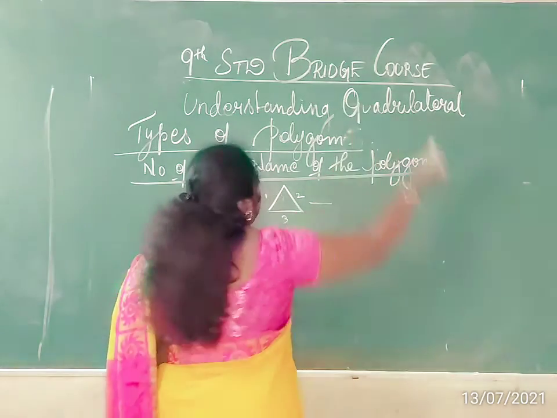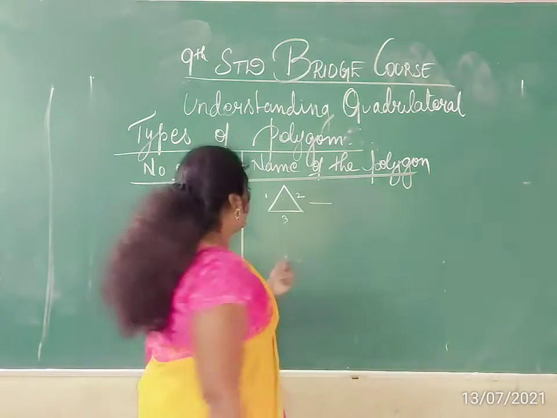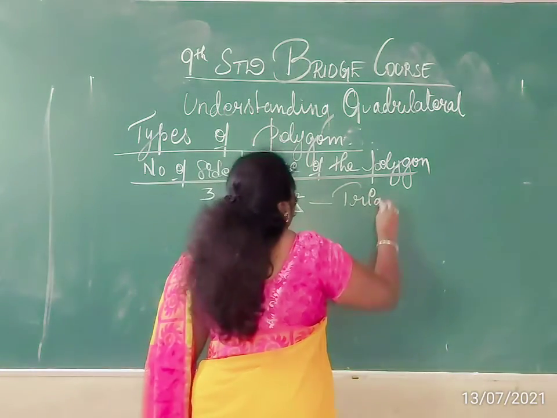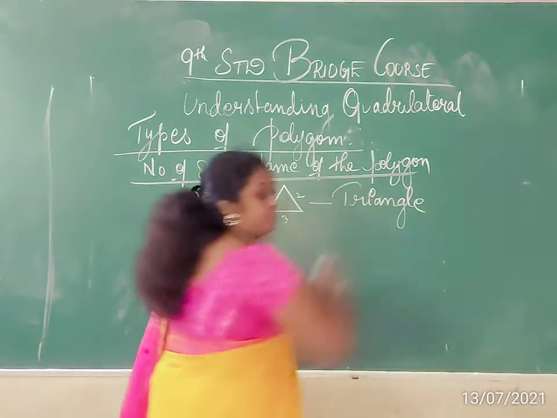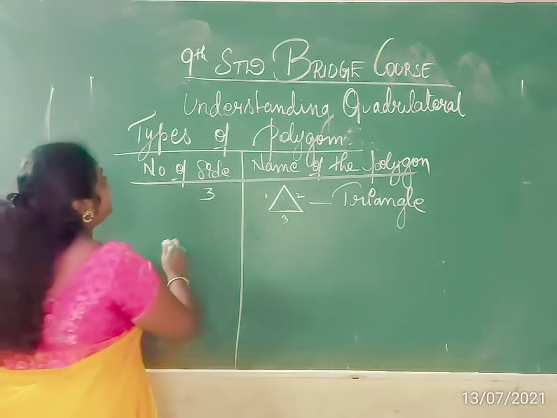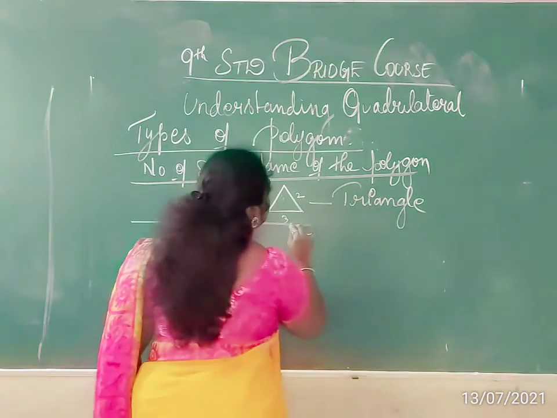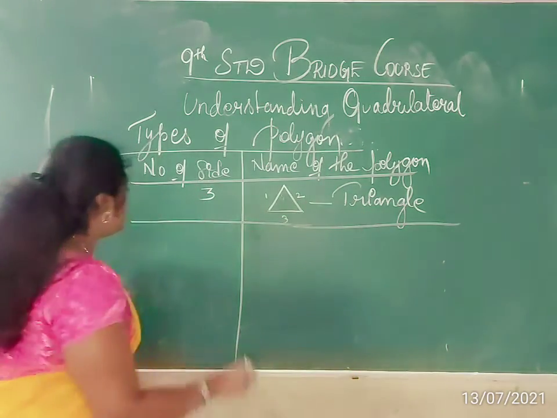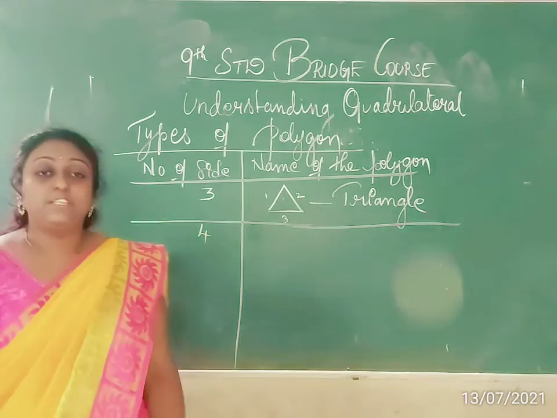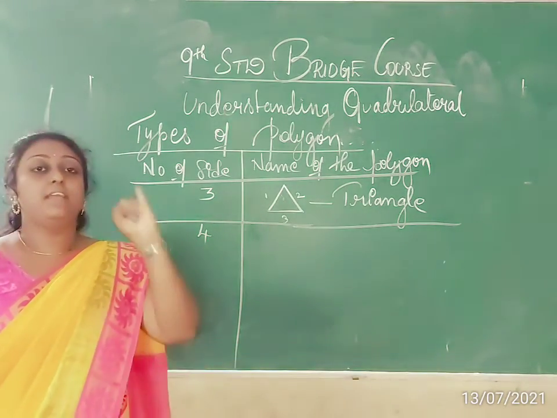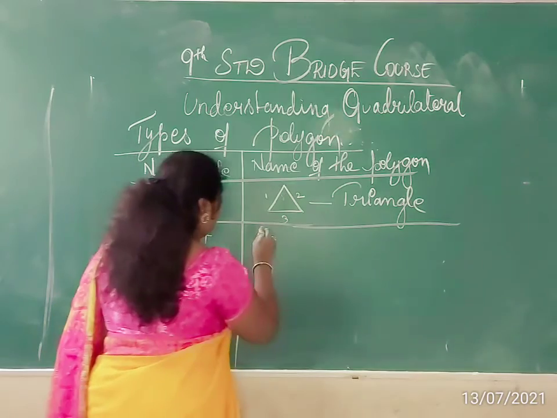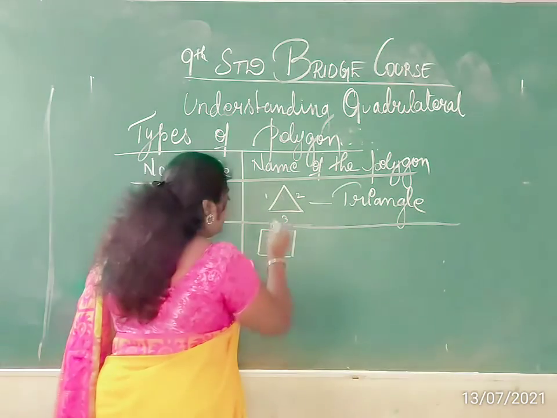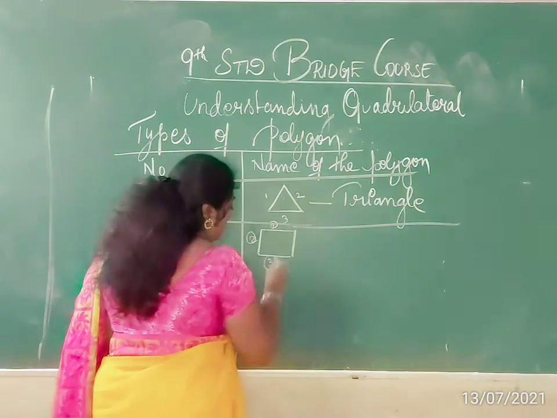Next, 1, 2, 3. This is your triangle. Understood? Now next one is 4 sides. What is 4 sides? 1, 2, 3, 4.